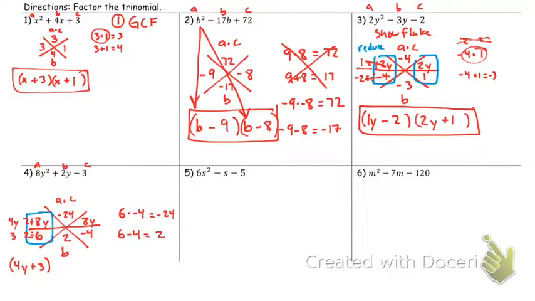Let's do the same for our next set. I can reduce by 4 here. Remember, you want to reduce by the biggest number possible. So I can divide by 4 here. This is going to give me 2y on top and negative 1 on bottom.